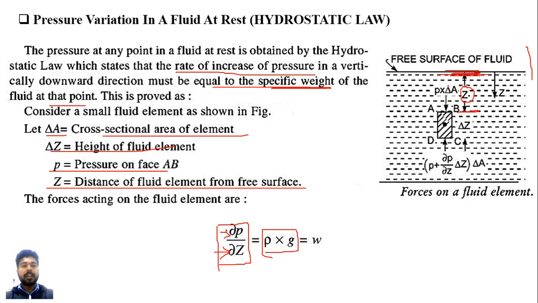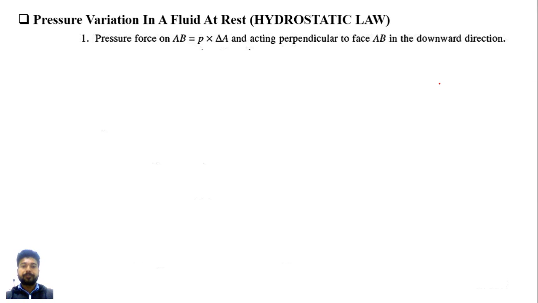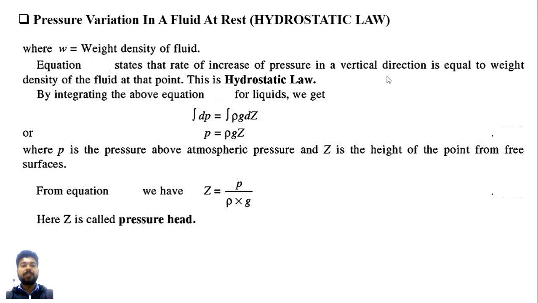First and foremost we are going to find the different pressure forces applied on this fluid element. Just remember that we are going to find the forces only in the vertical direction. The first pressure force, the force on side AB, is force equals pressure into area.